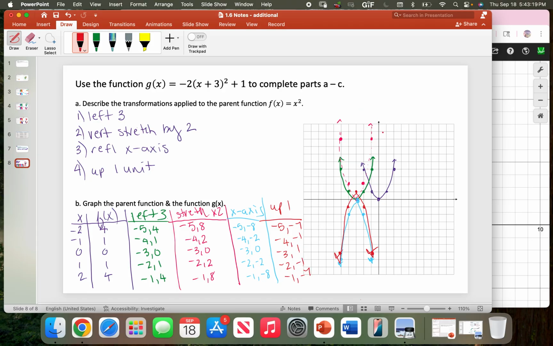I'm going to erase everything except for the parent function in purple and then the final function in red, just so we can get an idea there.